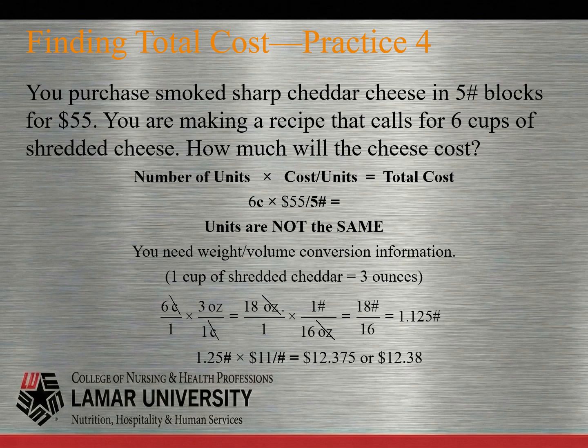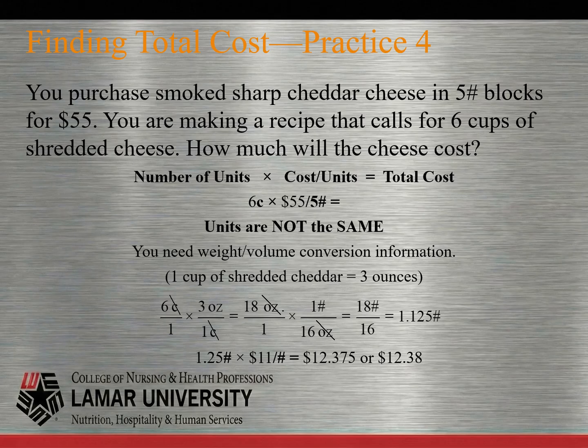For step 2, we need to convert the quantity, which is cups, to a weight, which is pounds. We need to know the density. So we look it up, and the fact is that 1 cup of that cheese equals 3 ounces.